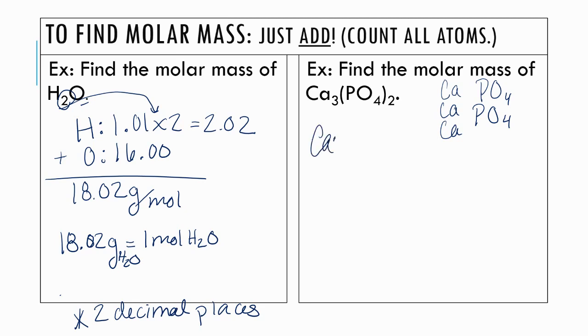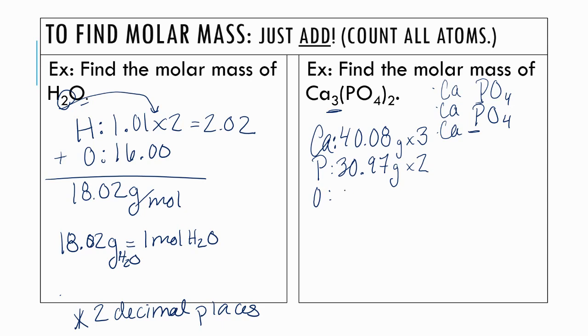So calcium has a mass on the periodic table of 40.08. Phosphorus, and I have 3 of them, right? 3 of them here. 1, 2, 3. Phosphorus has a mass of 30.97 grams, and I have 2 phosphorus atoms here.